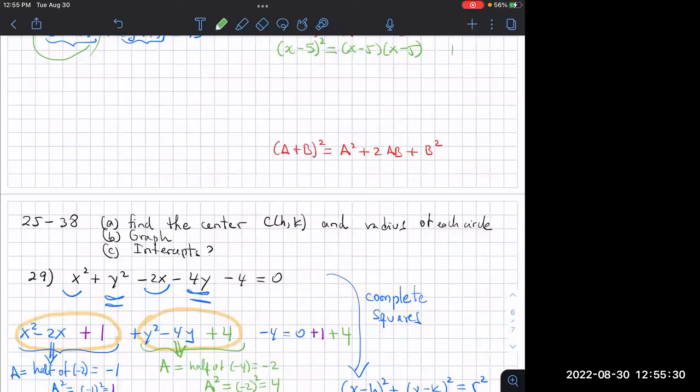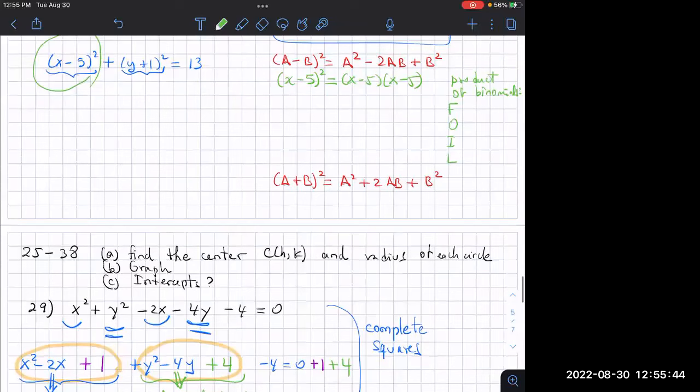Now this is a product of binomials, so you can FOIL it. Can you scroll up a little bit, please? Thank you. I wanted to hide (a minus b) squared, but that's okay.